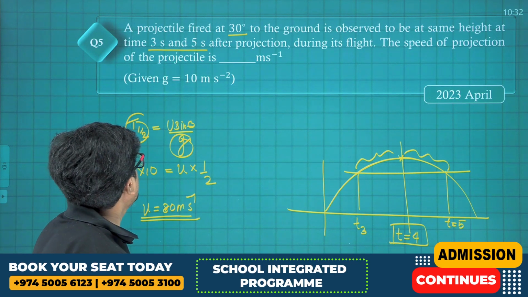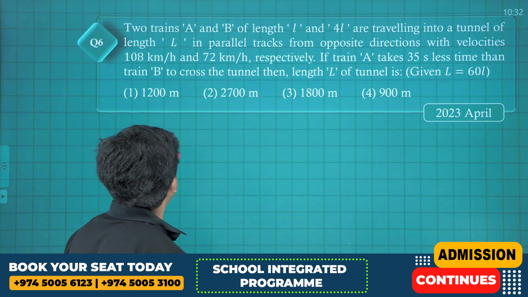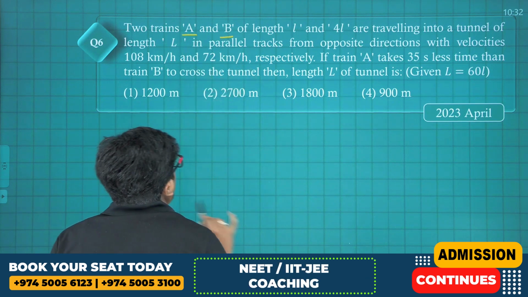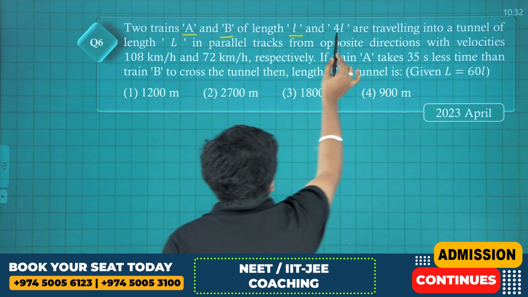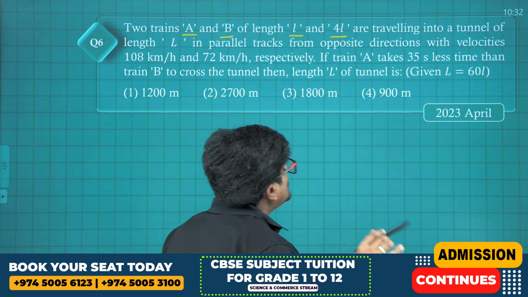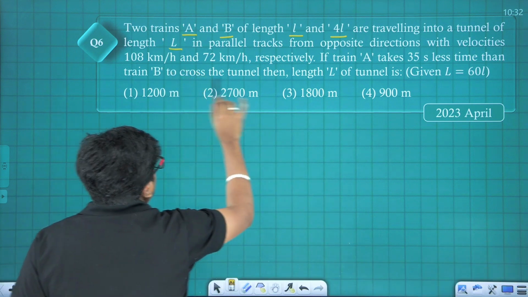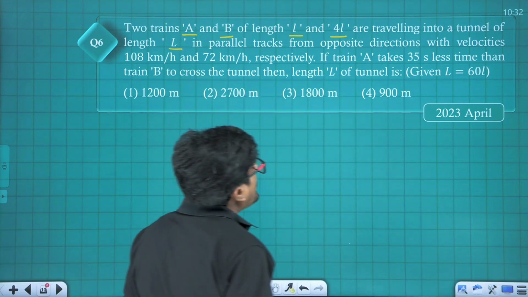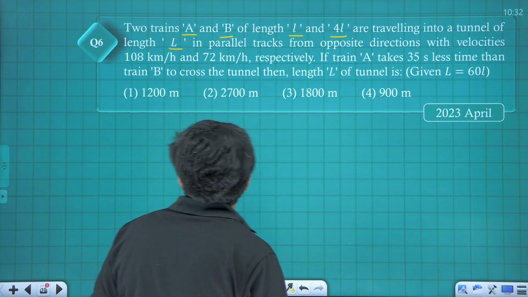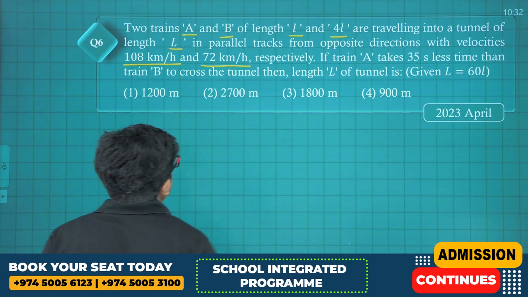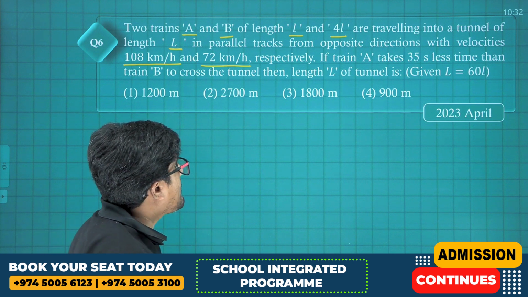Now let's move to the next, that is question number 6. Question number 6 says 2 trains A and B of length l and 4l are traveling into a tunnel of length capital L on parallel tracks from opposite directions with velocities 108 km per hour and 72 km per hour respectively.